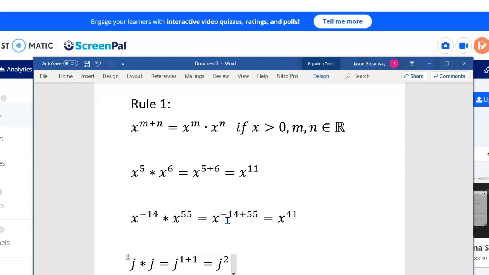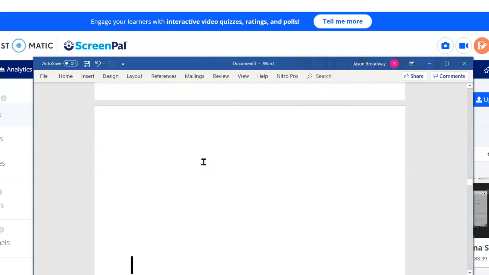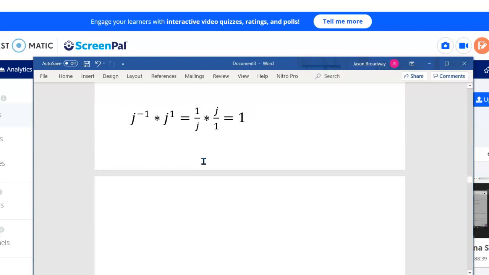If m and n are integers, you can relax that and let x be negative. And if m and n are both positive, you can straight up let x be 0. But we'll talk about that in a few.